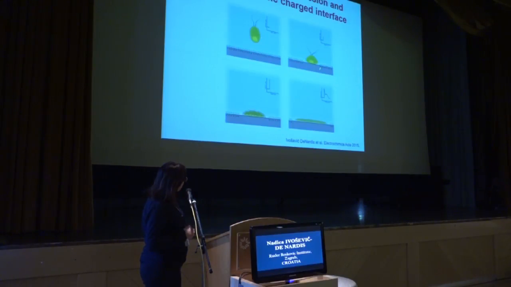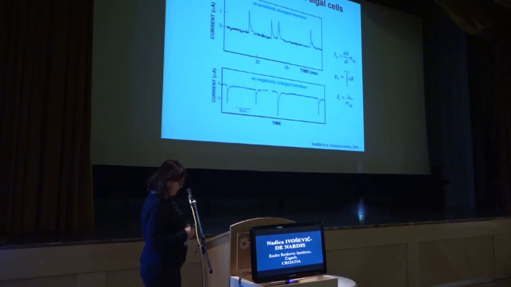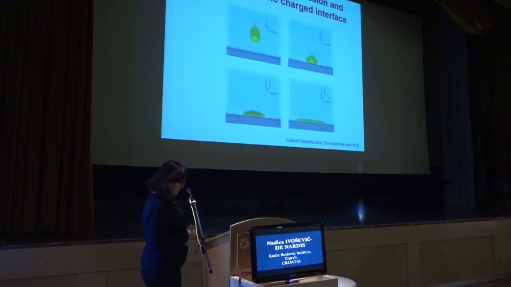When the cell comes to the interface, it displays its surface charge. It forms micropores at the cell membrane. It deforms and flattens, and this is shown as an increase in a displacement current. And then the cell further flattens and it breaks.